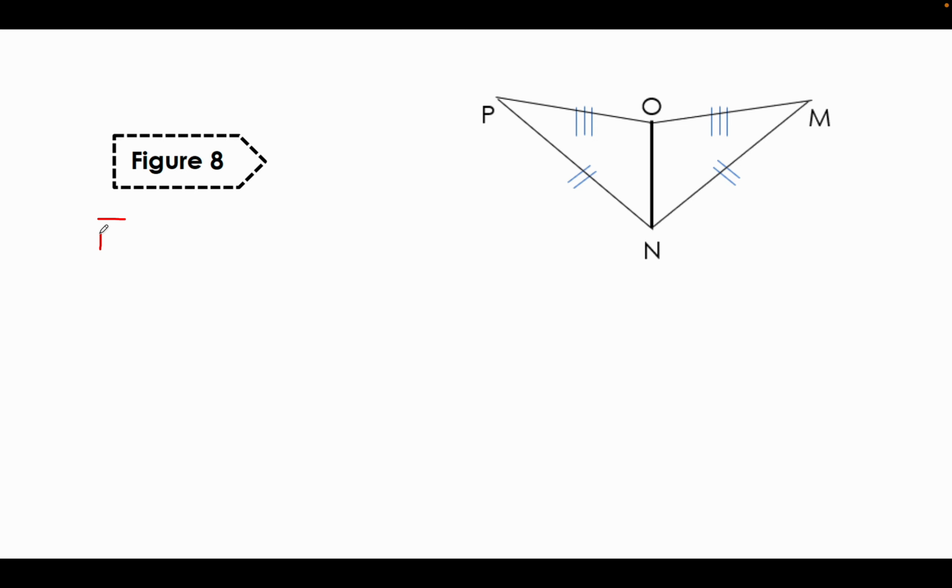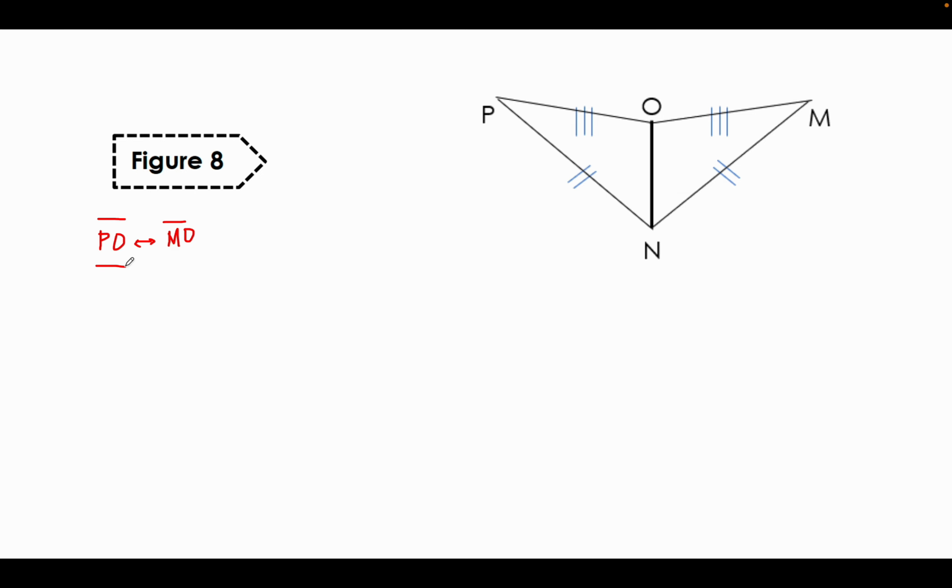Okay, side PO, or line segment PO, corresponds to line segment or side MO. Okay, correct? What else? We need three sides to conclude that the two triangles are congruent by SSS.